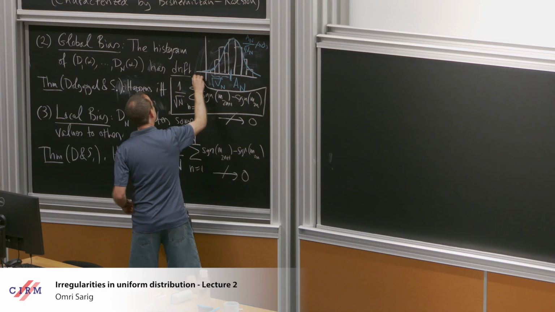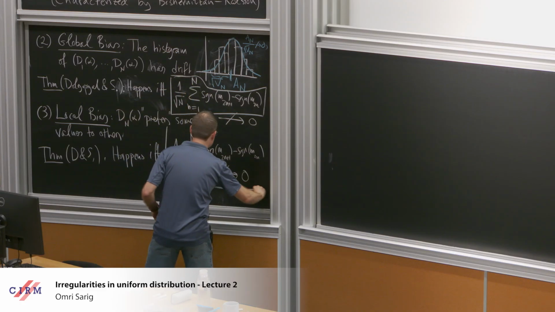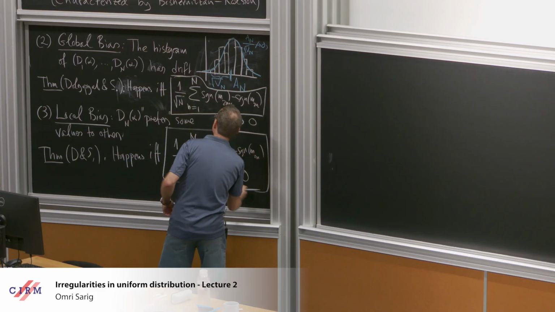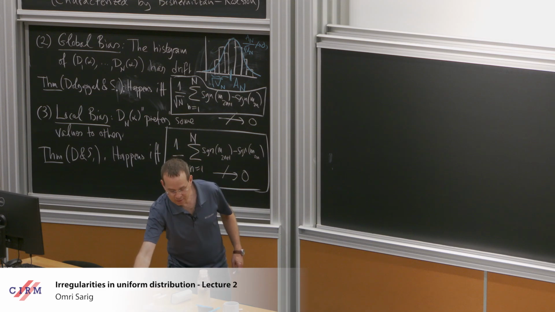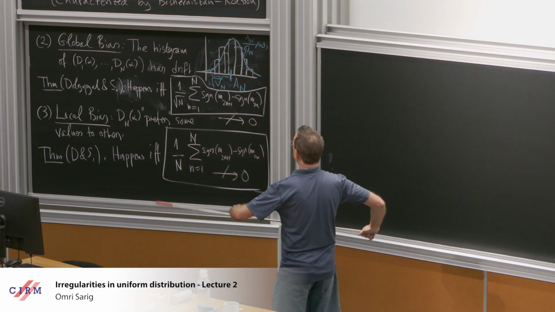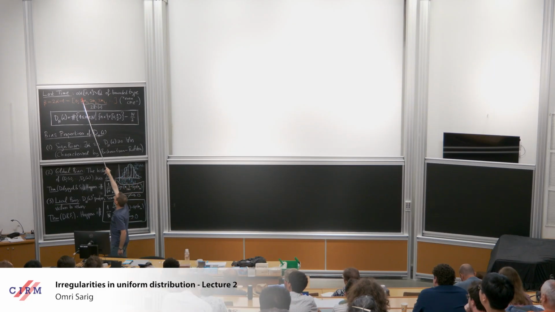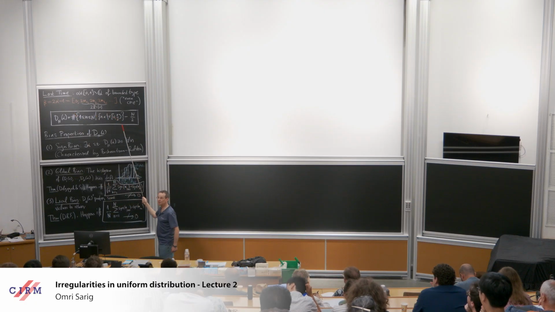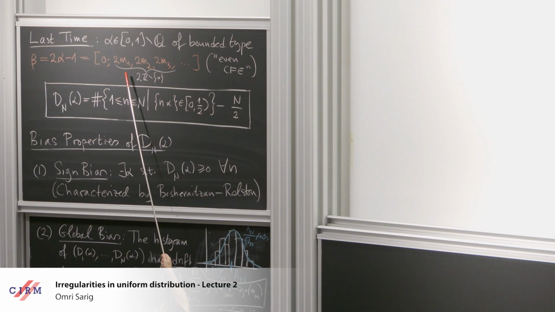So here are the sums. Let me remind you that everything here is in terms of, believe it or not, the even continued fraction expansion. You have to take alpha, form 2 alpha minus 1, and expand it in the even continued fraction expansion. This is an infinite continued fraction expansion where the digits are all even.